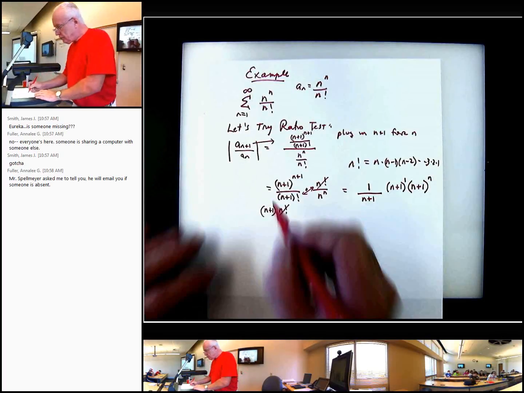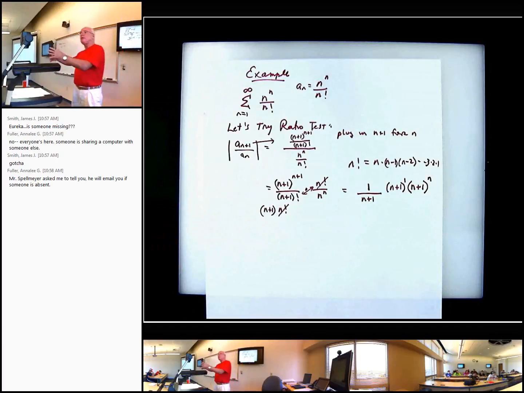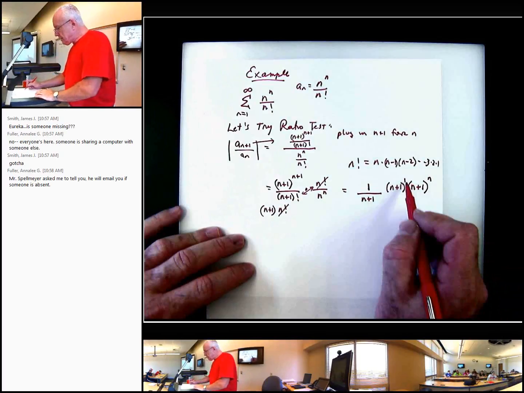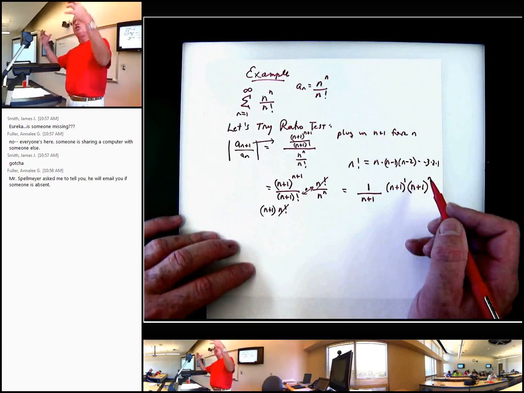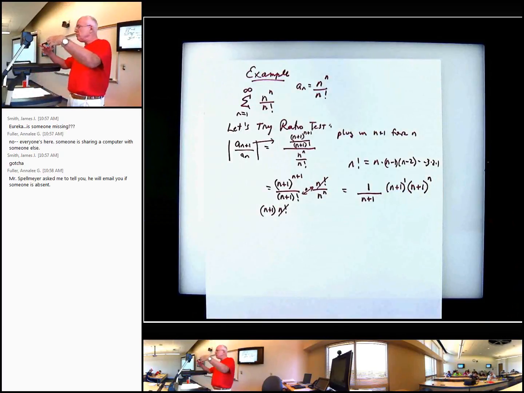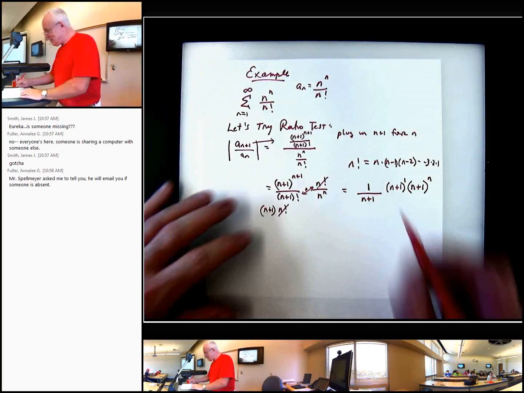This just means I multiply n plus 1 by itself, n plus 1 times. Well, I can separate that apart as taking it to the first power times taking it to the n power, because you just add the exponents together. Does that make sense? Okay, well, it's good.